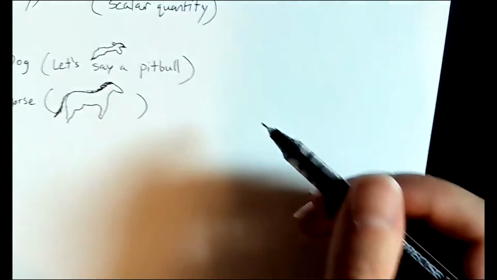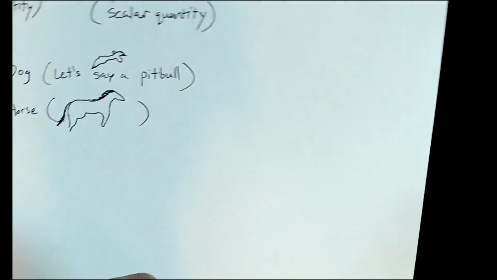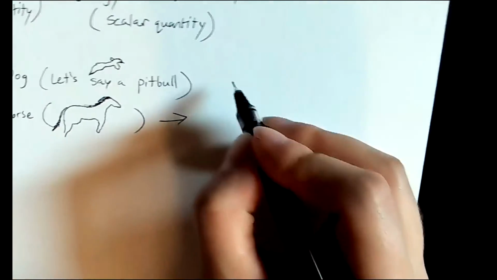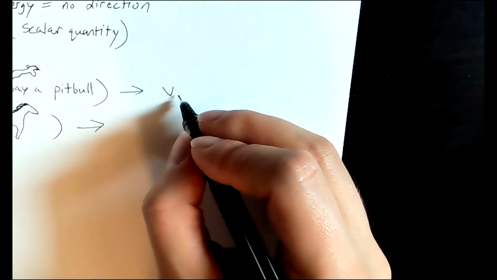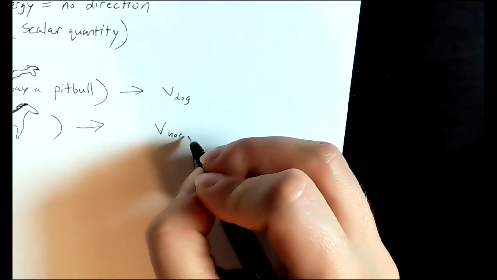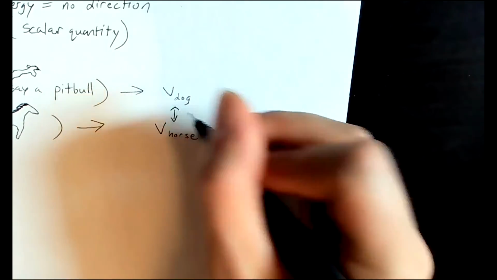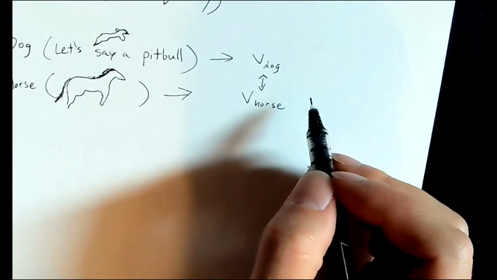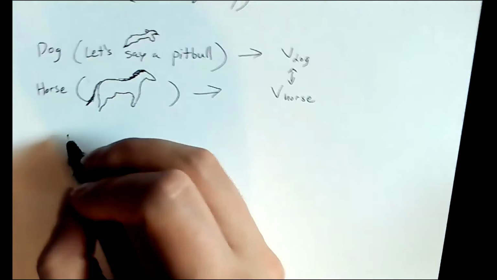Anyway, there's a dog and a horse, and they're running at the same velocity. Okay? They're both running this way. And V for the dog and the V for the horse are equal. They're going the same velocity, same direction, same speed.